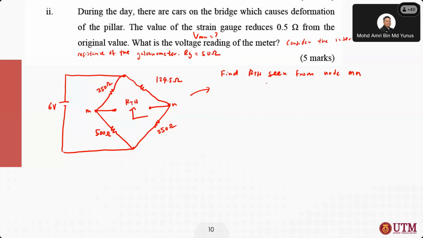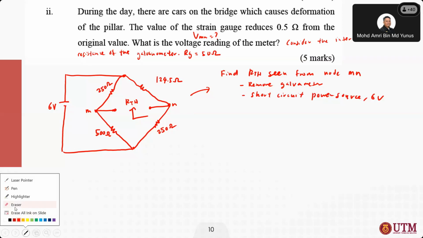We remove the galvanometer, and then short circuit the power supply or power source, 6 volt, like this. Short circuit.